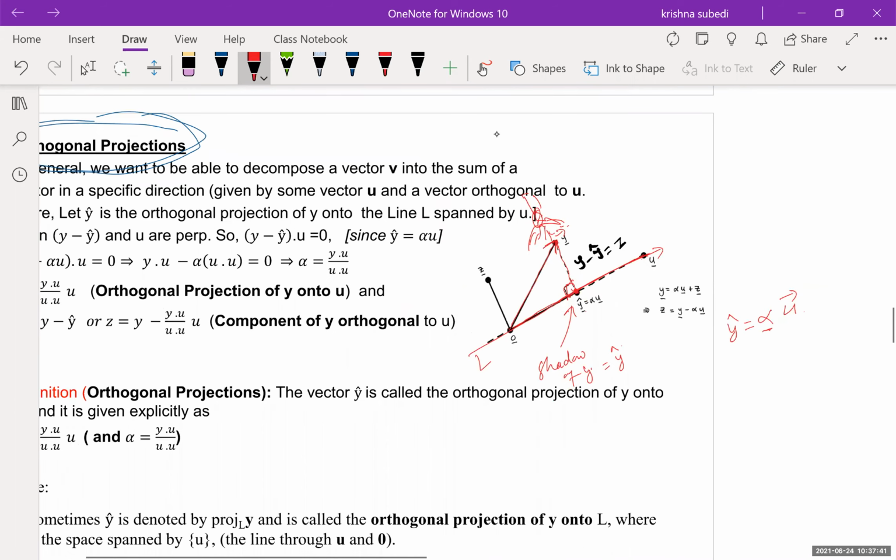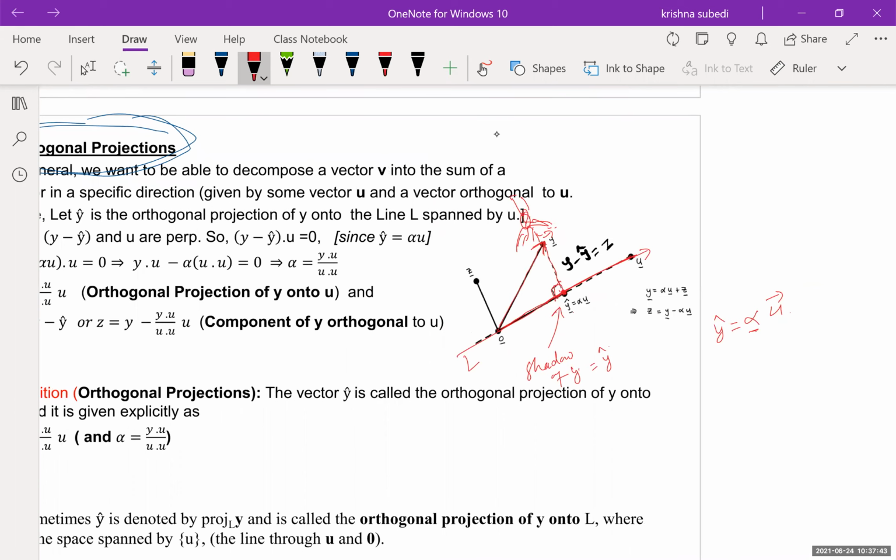Now, if this one is your u vector and this one is your y vector, then this guy will be y minus y hat by using the triangle law or parallelogram law. So we can write this vector as y minus y hat.